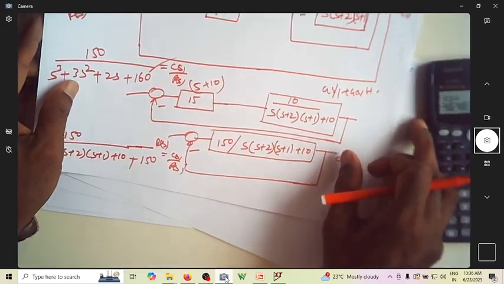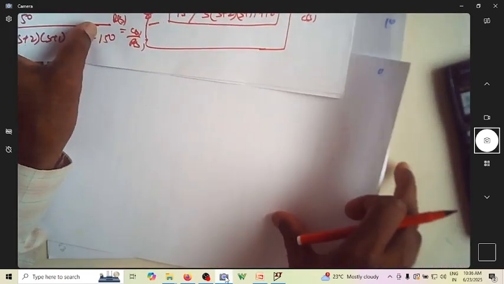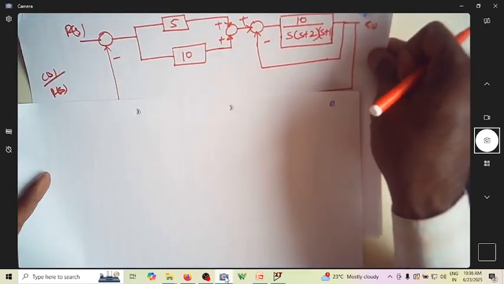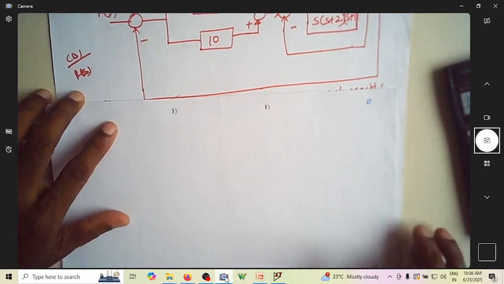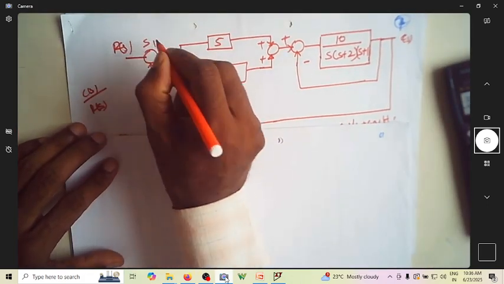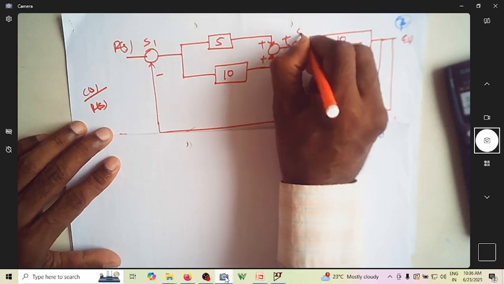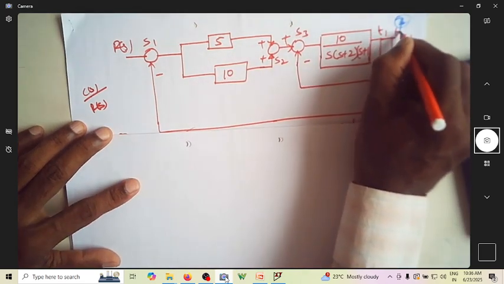Suppose you want to find the transfer function using the signal flow graph, you can certainly do that. So what we'll do, we'll just identify the takeoff and summing points and try to verify what transfer function you will get. So this is one summing point S1, this is another summing point S2, this is another summing point S3, and this is takeoff point T1, takeoff point T2.